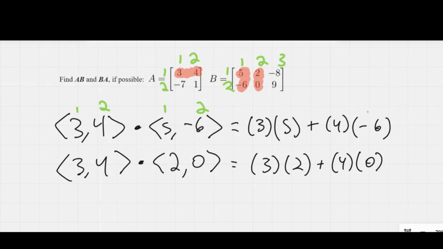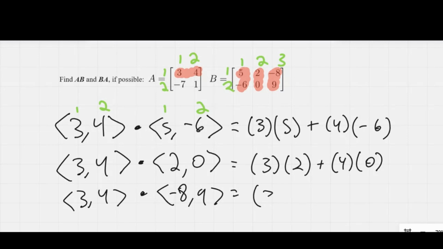We're going to add those together. We're going to evaluate all of these in one go, but for now I'm just going to write down the expression. Next we have this first row of matrix A times the third column of matrix B, and so that is again 3 and 4 multiplied by the vector -8, 9. Again, 3 times -8 plus 4 times 9.